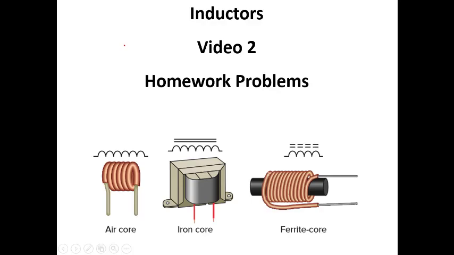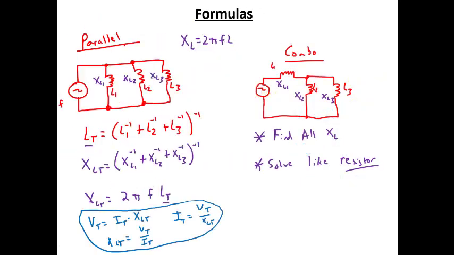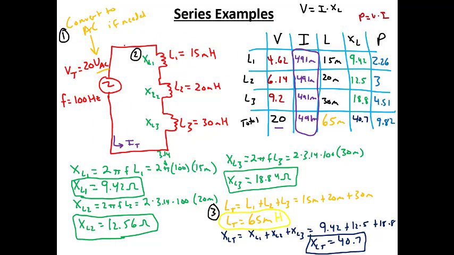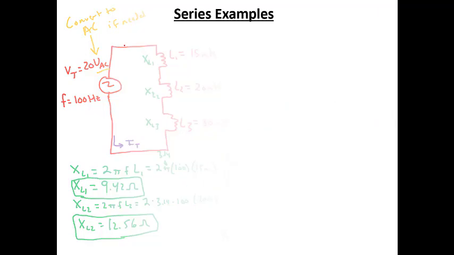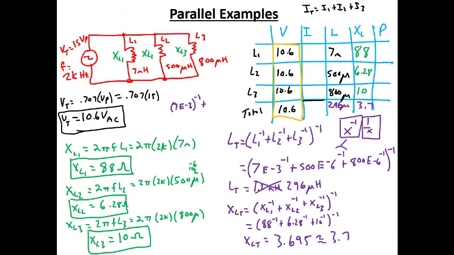Here we'll start it off. I1 equals V total over X sub L1. We have to go back to the right page here. 10.6 is the total, and 88 is X sub L1.